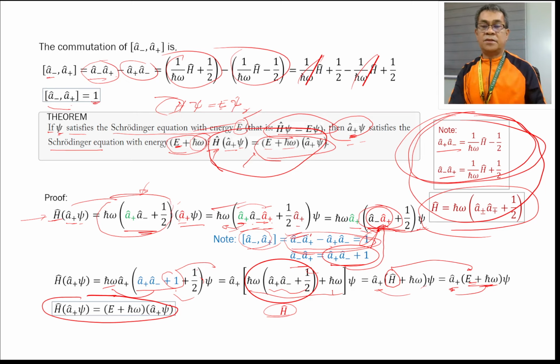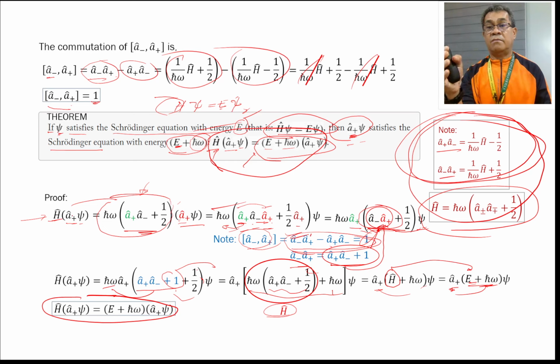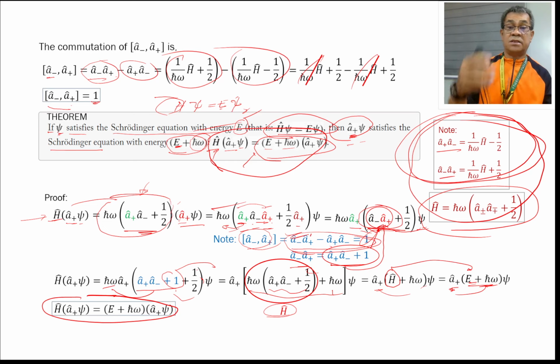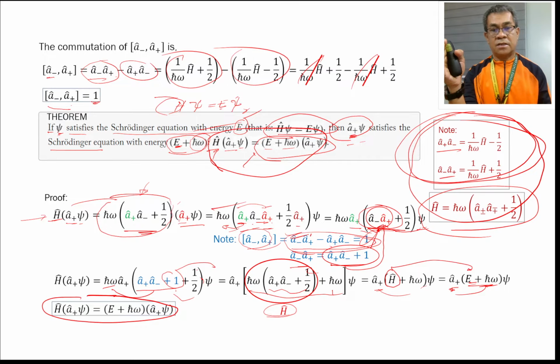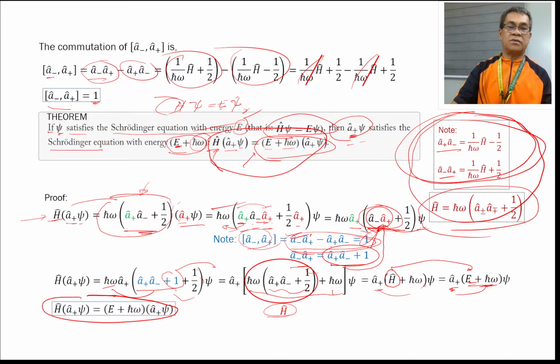So in other words, what does it mean? If the wave function satisfies the equation with energy E, and we let the raising operator act on psi, then it follows that we add to the energy previously known.